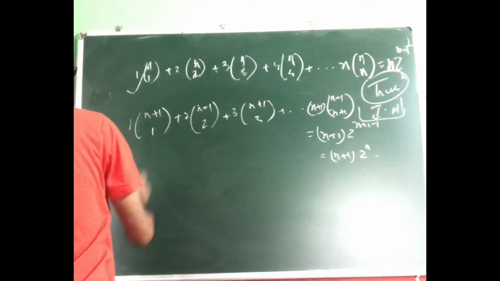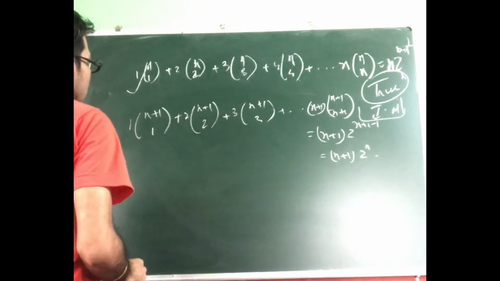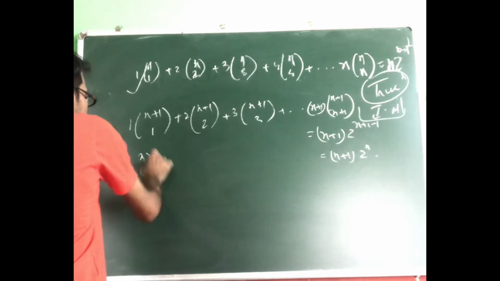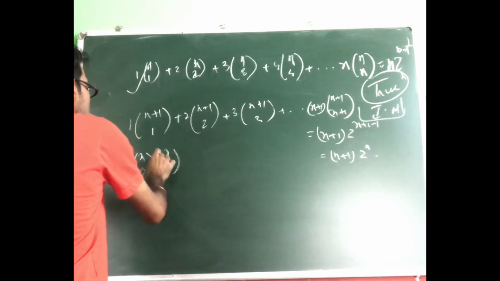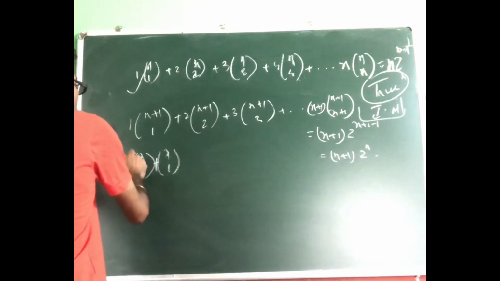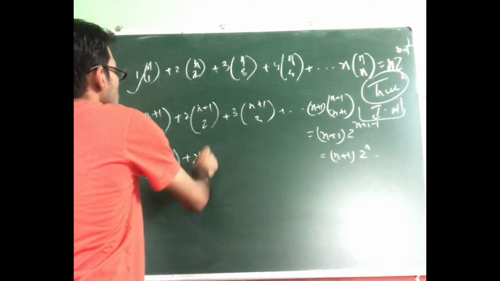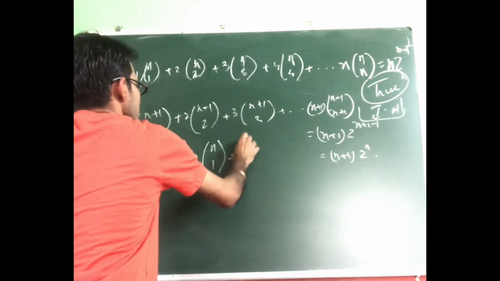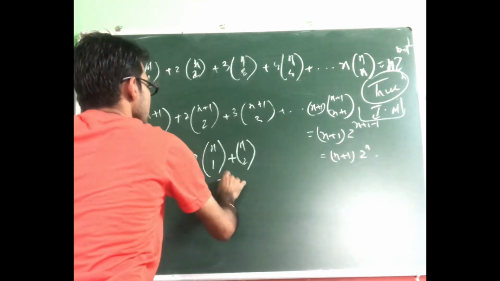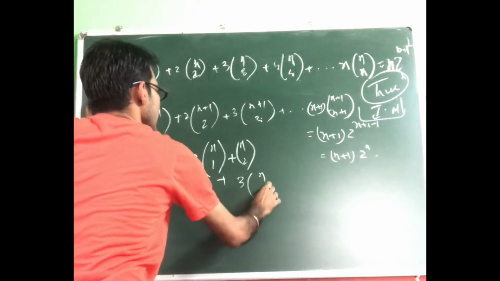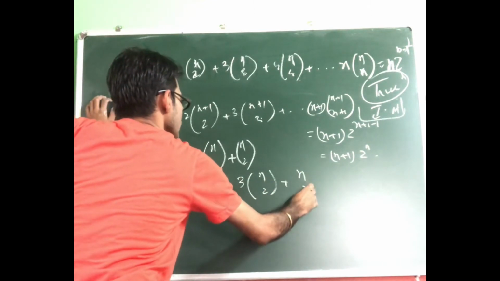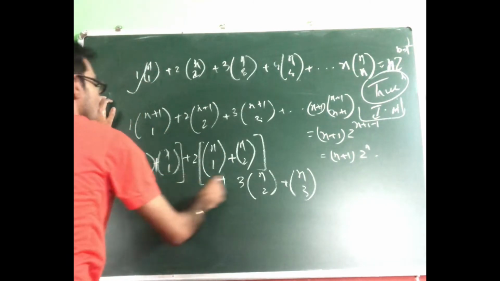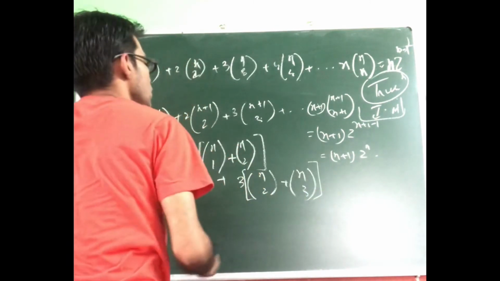So I can replace n plus 1 choose 1 with n choose 0 plus n choose 1, and the next one I can replace with n choose 1 plus n choose 2, and the next with n choose 2 plus n choose 3, and so on.